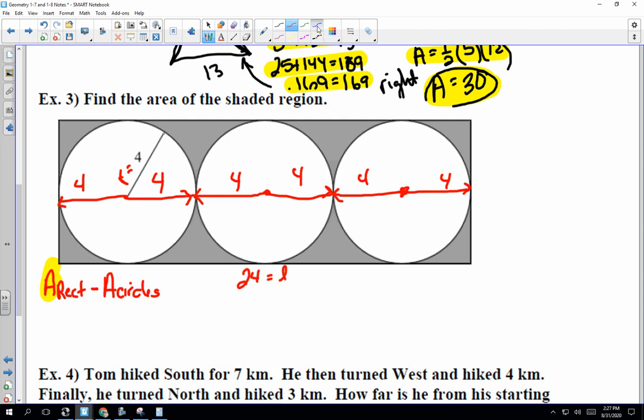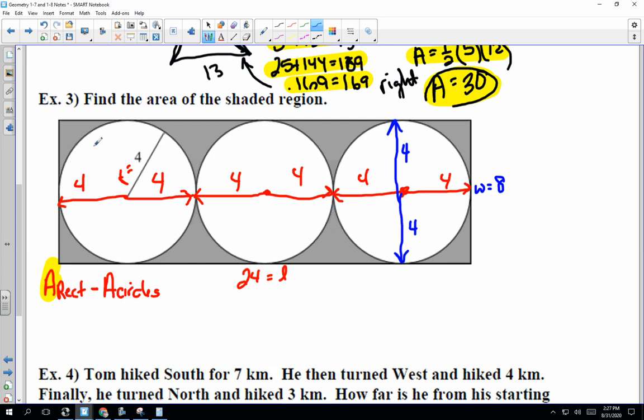Now if we turn our circle sideways, oh, it's already turned sideways. We can see that this is a radius of 4. This is also a radius of 4. So this is going to have a width of 8. So now we have all the information we need.